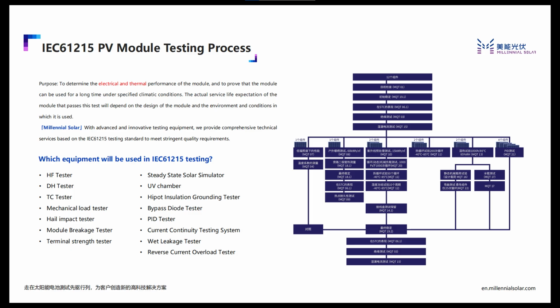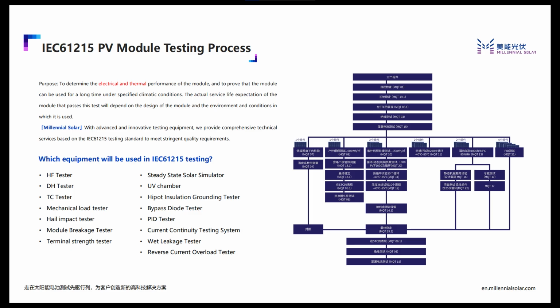Before a new model of solar panel is released to the market, it is required to be sent to an authorized testing organization, such as a TUV, UL, or CQC certified laboratory, to complete all the tests under the IEC 61215 test procedures before sending these samples to these organizations for the certificate.